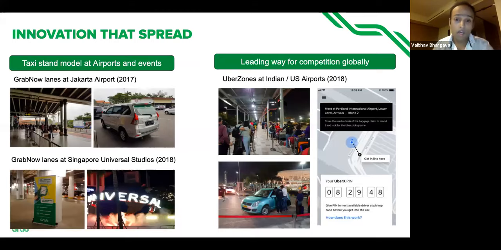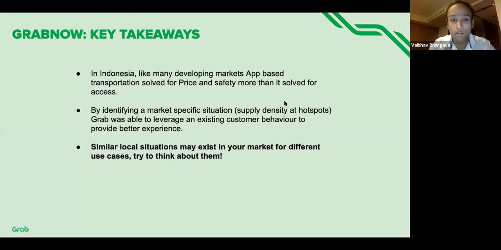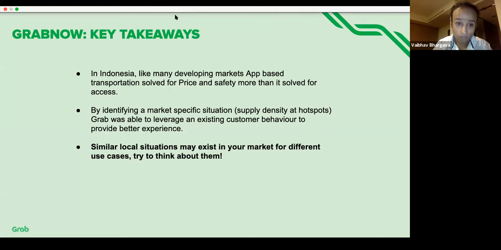So I would conclude story one here and open the floor for questions. Just some of the key takeaways: like many developing markets, we need to understand that app-based transportation not just solves for access, but it solves for price and safety.